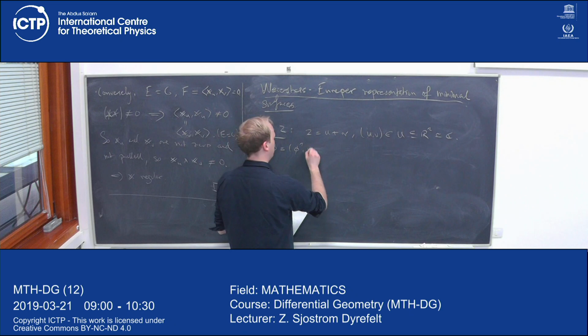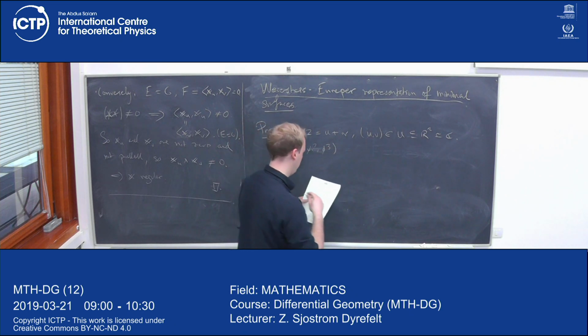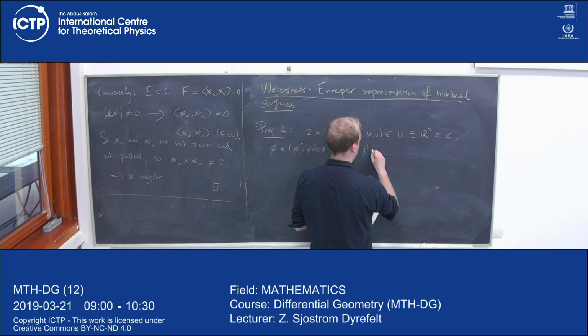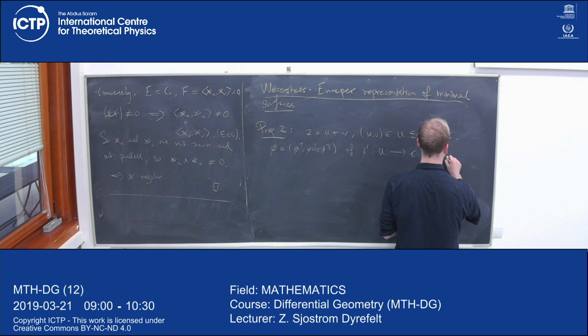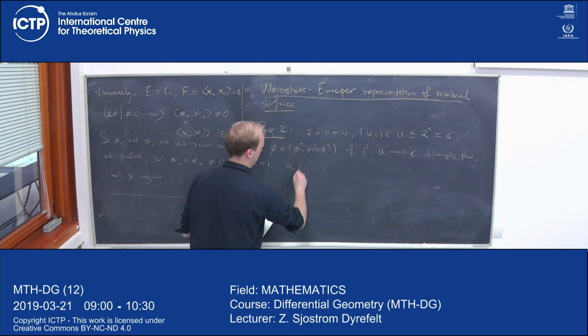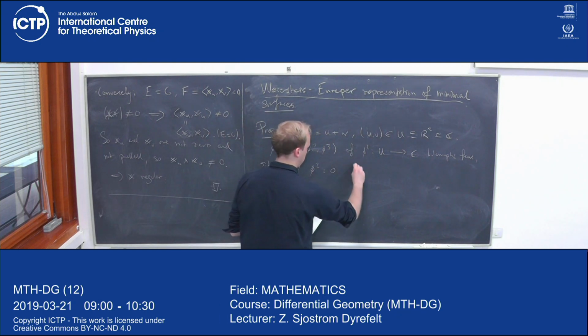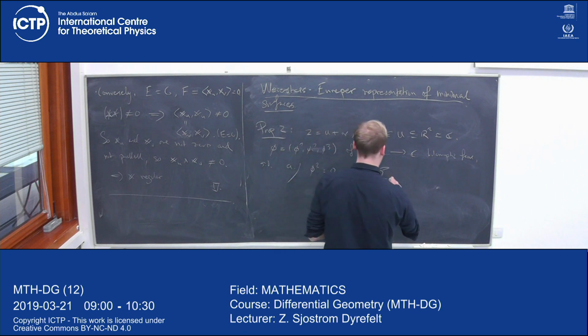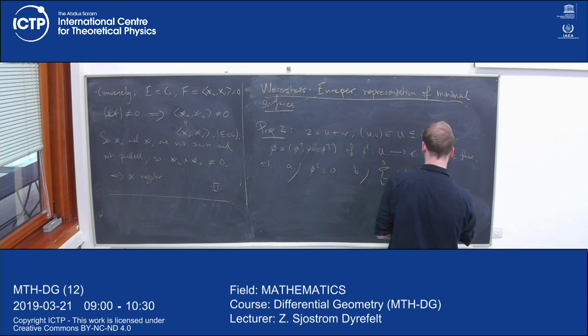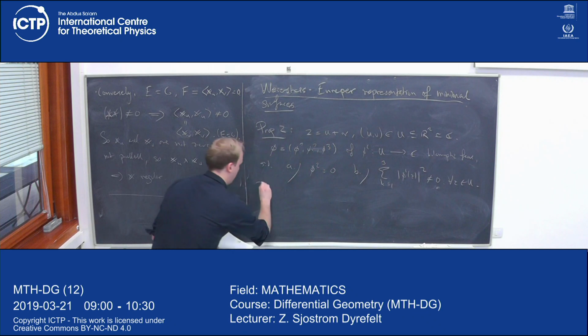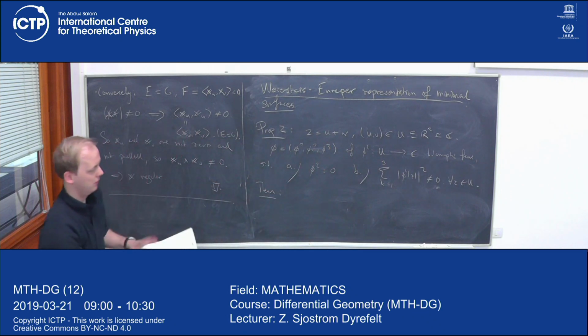So phi is equal to (phi 1, phi 2, phi 3), where the phi k are holomorphic functions such that A, phi squared equals 0, and B, the sum from k equals 1 to 3 of the modulus squared of phi k, the same conditions as we saw earlier, is non-zero for all z in U. Then the conclusion is the following.